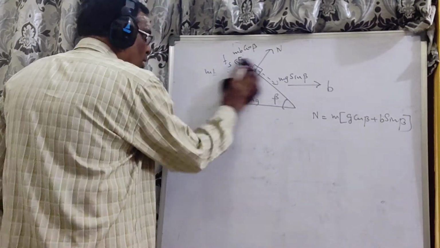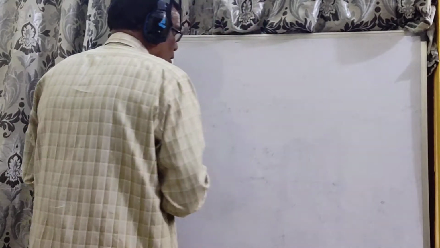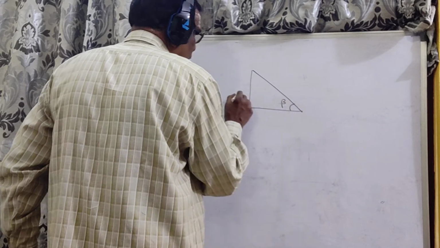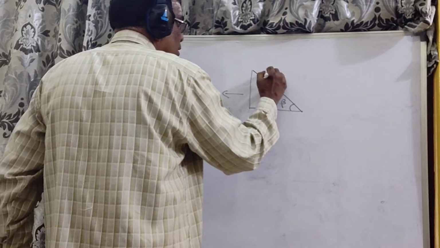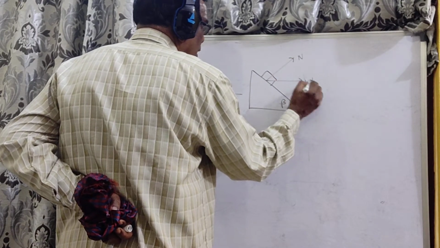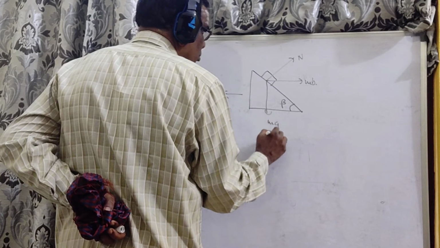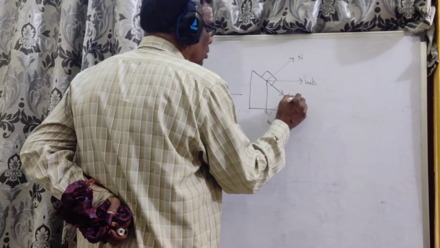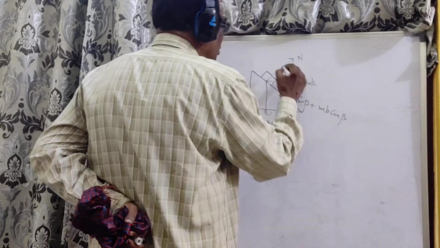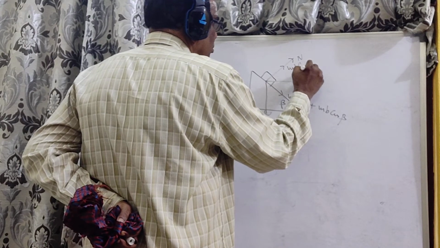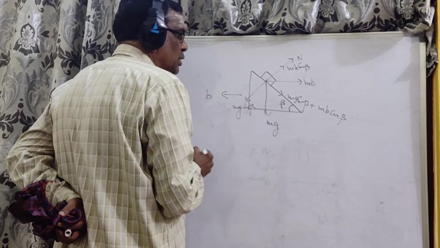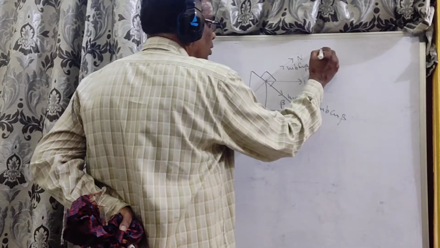Now, what if I give acceleration in this direction? So mb, mg sin beta plus mb cos beta. This is mg cos beta. So this plus this is equated to this.